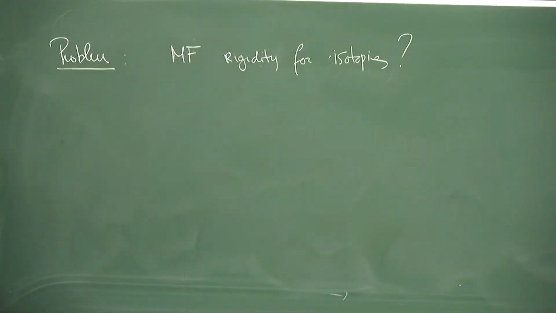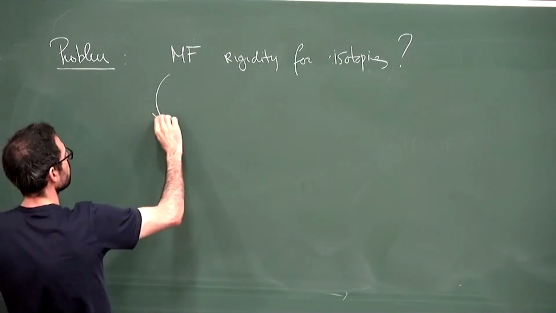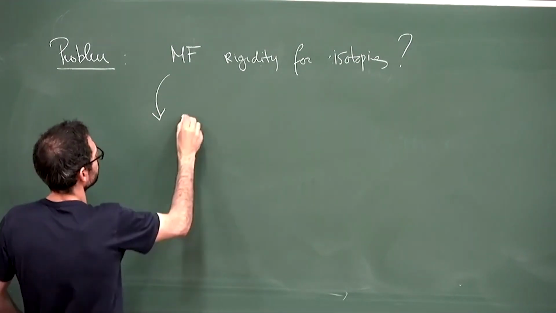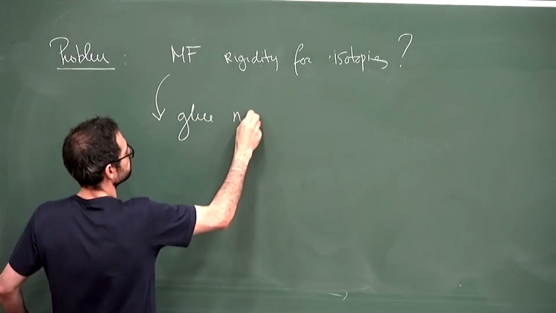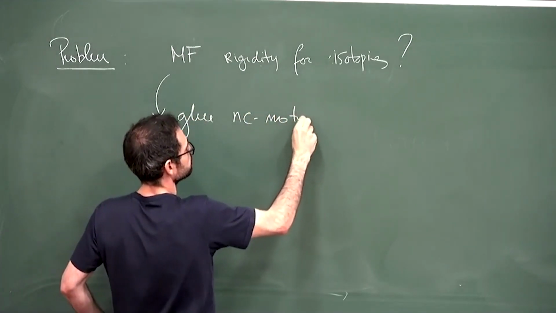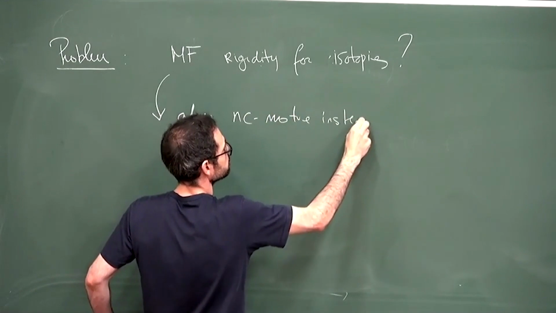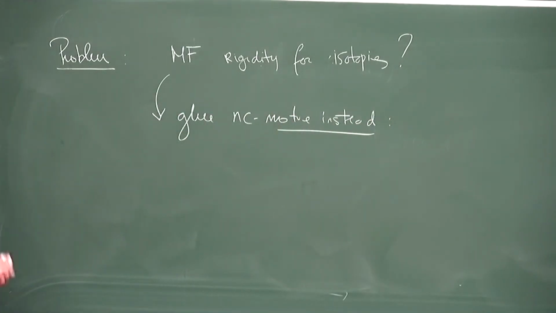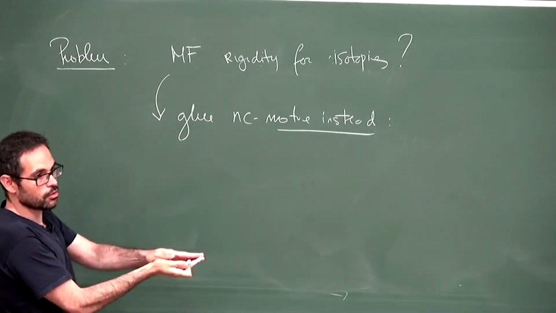This is why we cannot, for the moment, glue the category of matrix factorizations. But this is a problem that we solve by gluing the non-commutative motive associated to MF. Because there you have A1 invariance and you kill all these isotopic families.